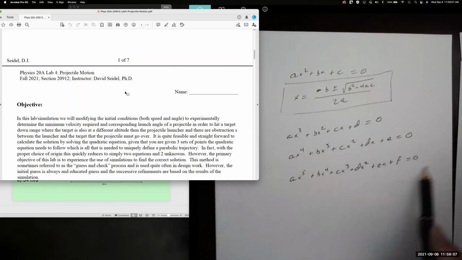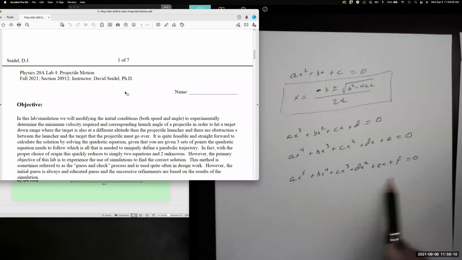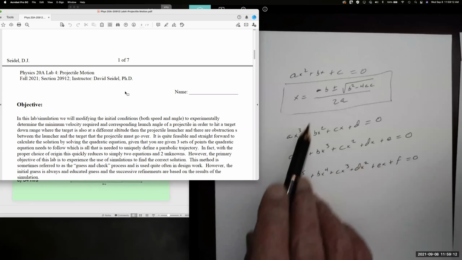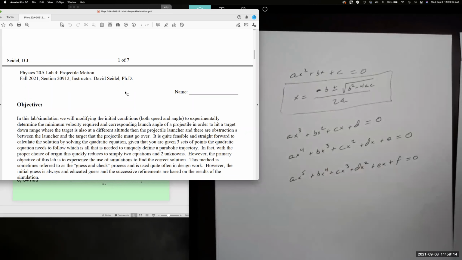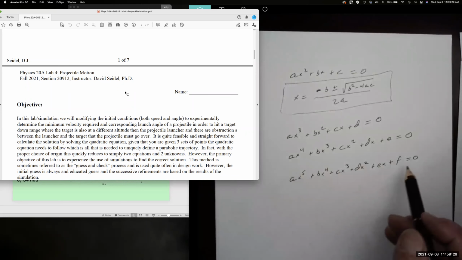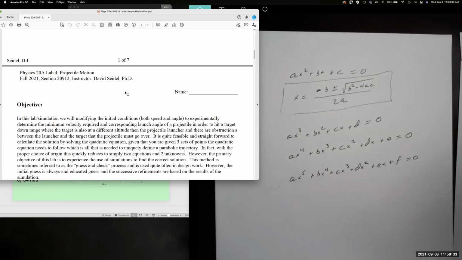There is no equation that will give the roots to 5th power or greater. So how do you solve those? You guess and you check. But you don't want to just guess arbitrarily, randomly choosing values of x. If I guess a number for x, I fill it in, and then I check and see if that works. Well, we're going to play a little guessing and checking on this simulation.